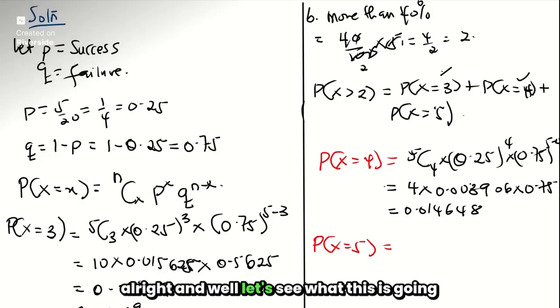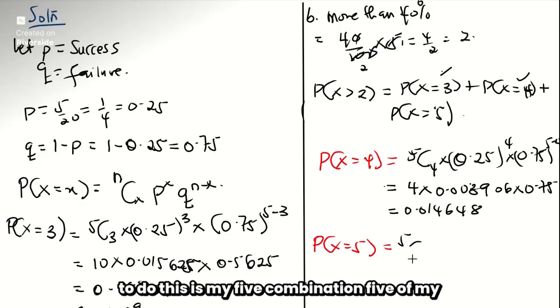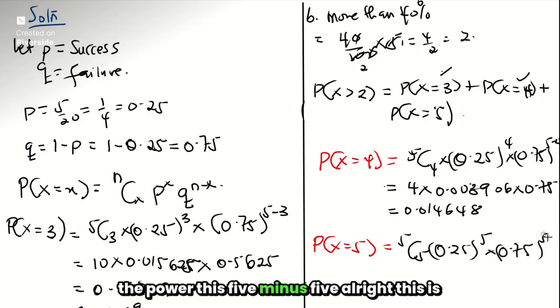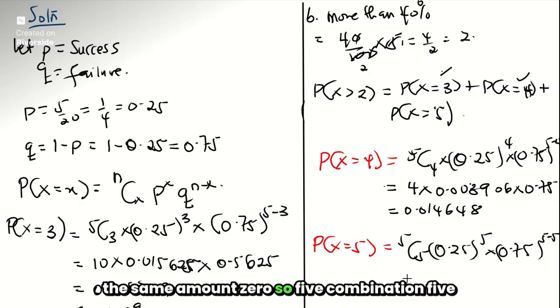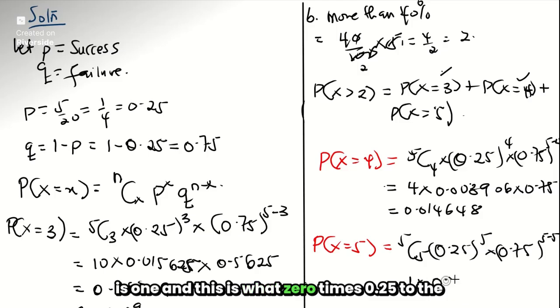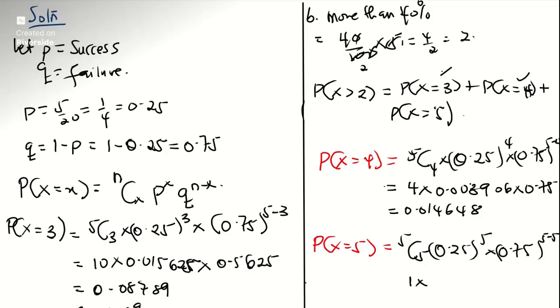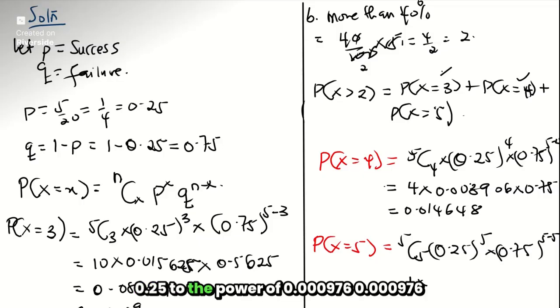Now let's also look at the probability of X equal to 5. This is the same as 5 combination 5 of 0.25 to the power 5 times 0.75 to the power 5 minus 5, which is 0. So 5 combination 5 is 1, and 0.75 to the power 0 is 1. 0.25 to the power 5 is 0.000976.